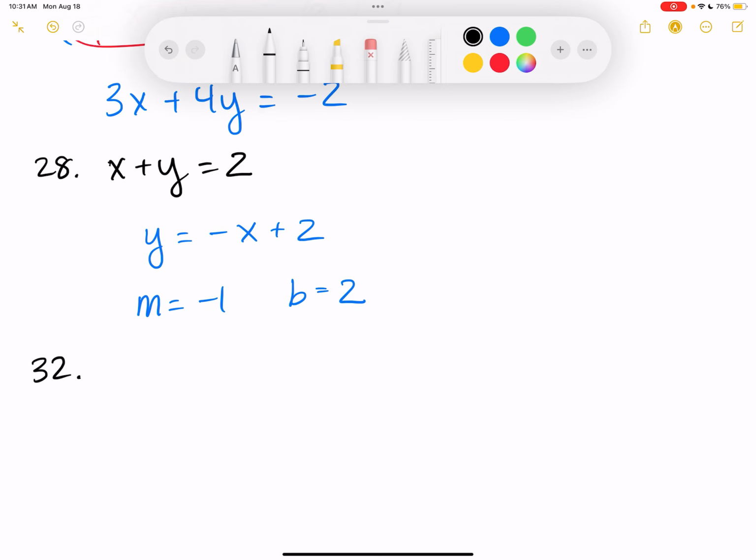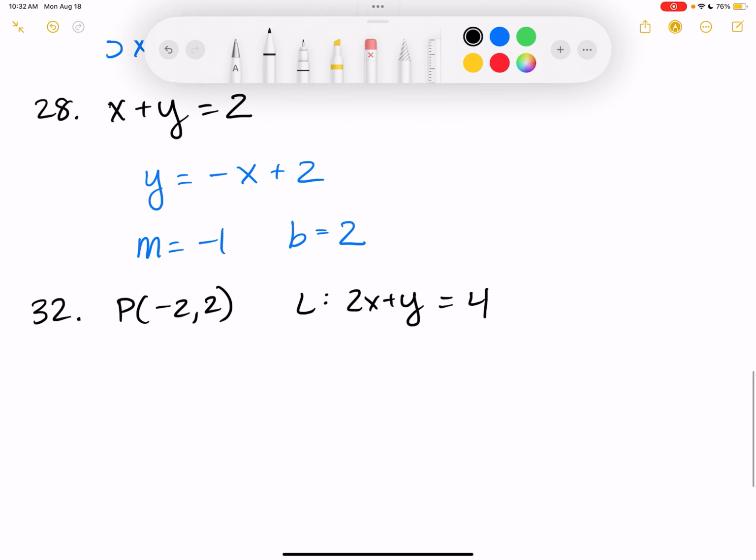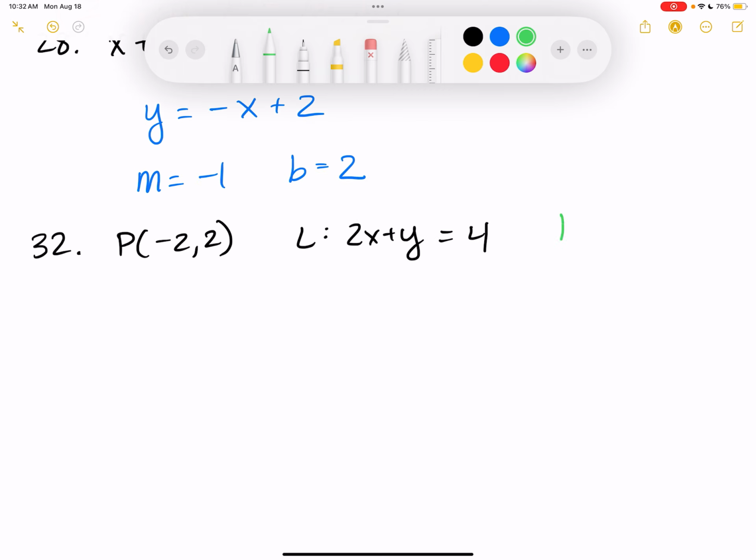So 32, they're going to give you a point, so (-2, 2), and then the line that they're giving us is 2x + y = 4. So parallel lines have the same slope, and then perpendicular is the opposite inverse.